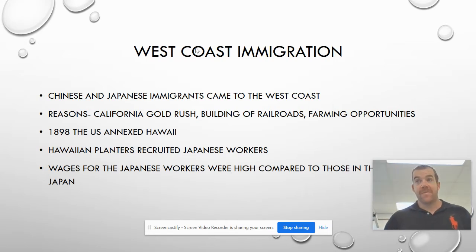A lot of the Chinese immigrants helped build that Transcontinental Railroad. Also, the gold rush in California. So you have immigrants coming in on the West Coast through Angel Island, looking for more money and more opportunity.